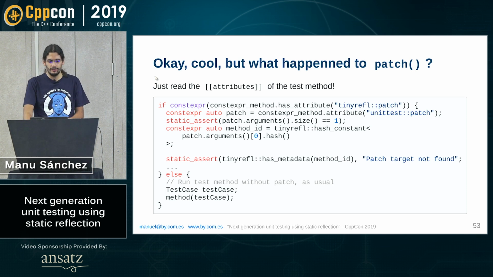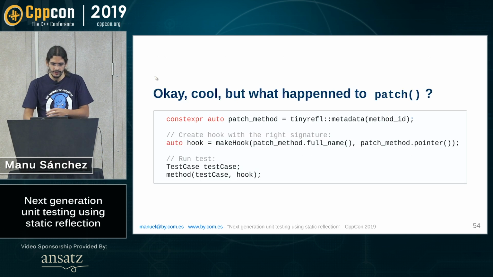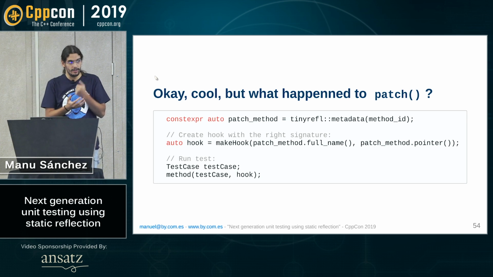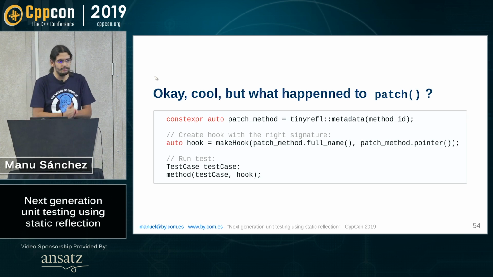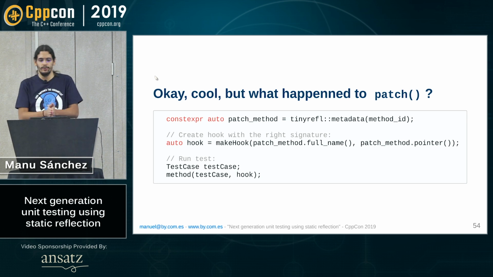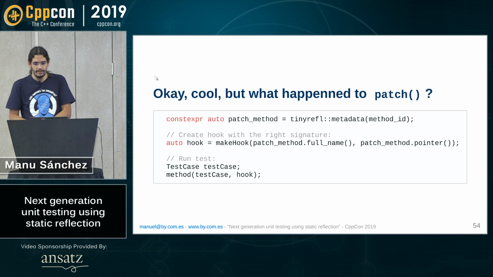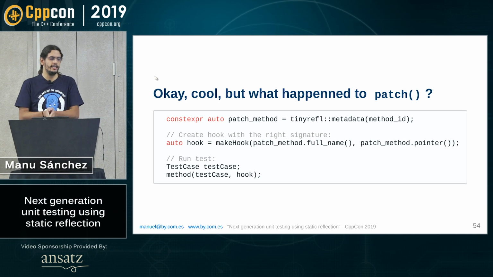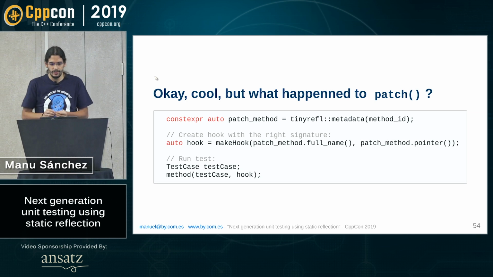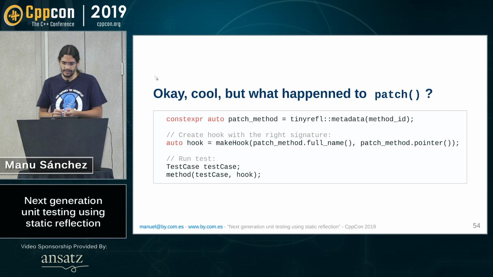If there is no patch attribute, you only call the test case as usual, as in the previous example. But if you actually have a patch attribute, if you actually have one argument, this one argument is the full name of a method registered in the metadata, so get the metadata of this method back through this identifier.